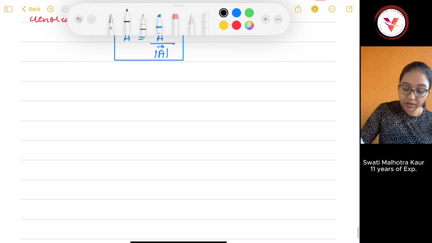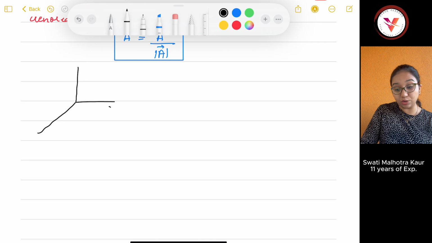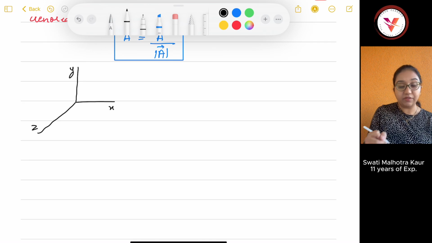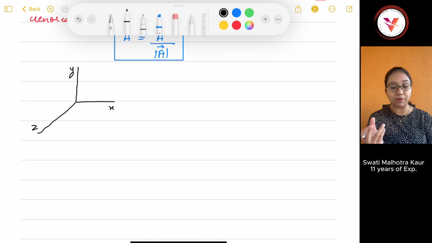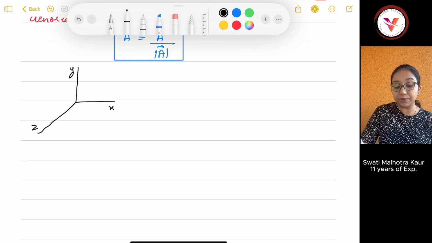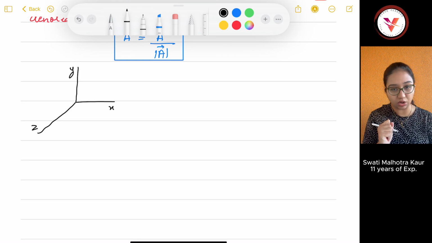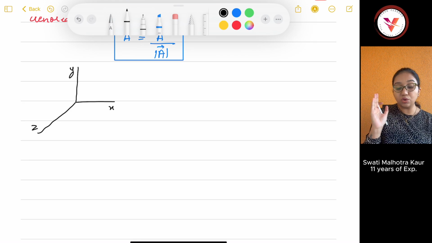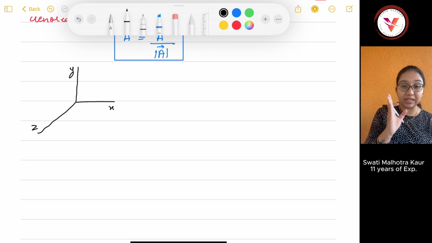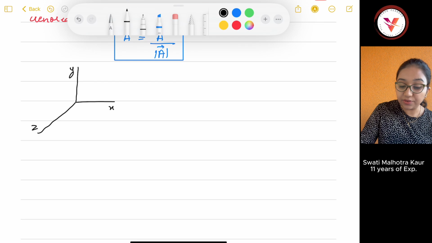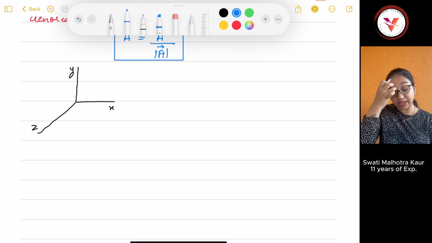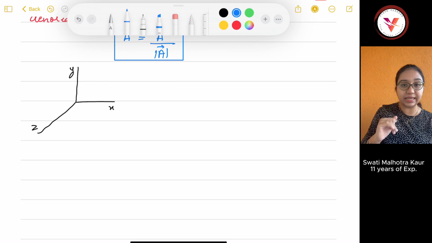Now, the most important thing for the Cartesian plane, which has a high usage in mechanics: whenever you have to define the position of a particle in 2D or 3D, you have to use the x, y, and z components. So you have to write it in a vector form. So physics has defined a unit vector along these x, y, z directions.